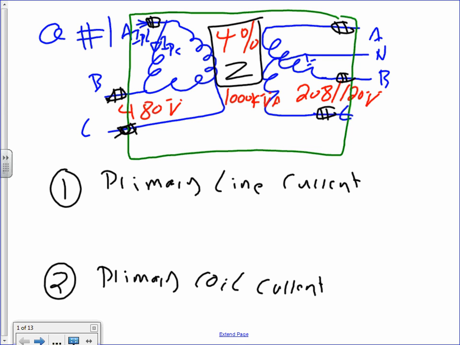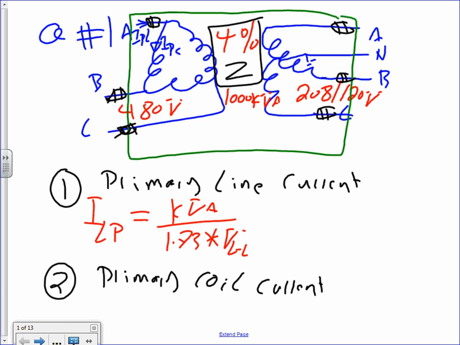To find the primary line current, what do you guys do? You find I line primary, which is the transformer rule. What's a transformer rule? You take the kVA, divide this by 1.73 times the voltage line to line. Remember that?